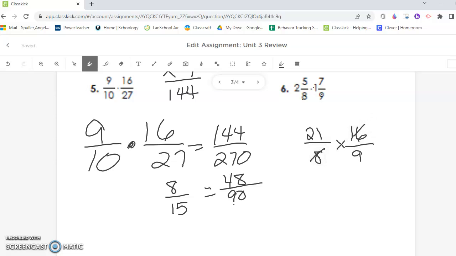If I divide both of these by 8, I can get 1 and 2. I can also do this: 3 gives me 7 and 3. So I get 14 over 3, which is the same as saying 4 2/3.